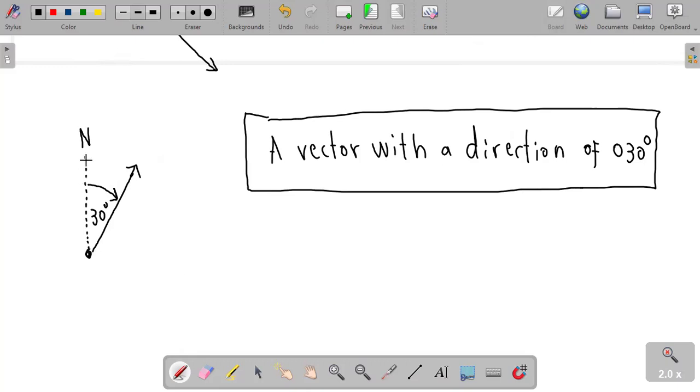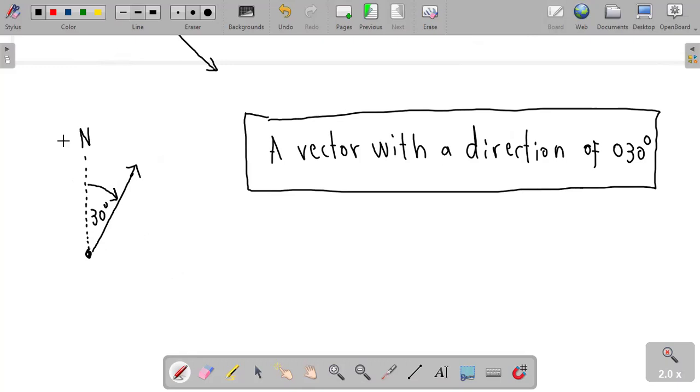So when you're doing bearing, your starting point is the northern side here. That's what we use as our reference point. So that sums it up for the direction.